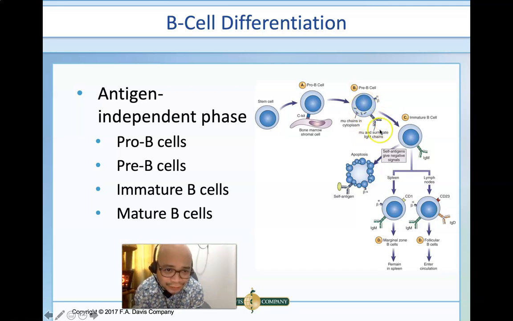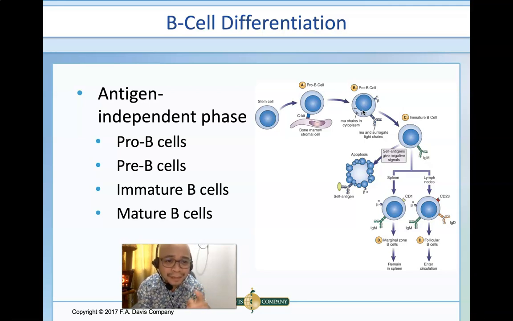Alongside this, we also have the alpha and beta chains. All of these, the alpha and beta chains, the mu and surrogate light chains, are collectively known as the pre-BCR. When you say pre-BCR, that stands for pre-B cell receptor.